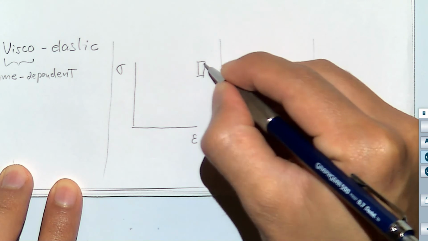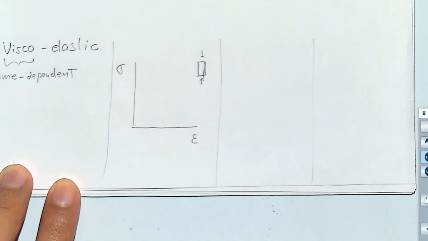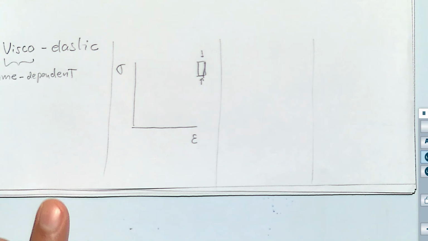So I get a plug of rock, I load it axially. What do you think is going to be stiffer? If I load it very quickly or if I load it during a long time? So is the rock going to be stiffer if you load it quickly or if you load it slowly?